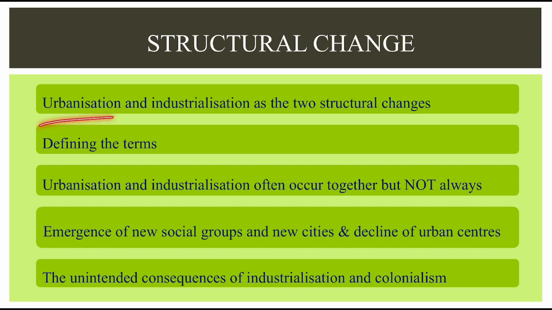The question arises is, what is urbanization? Well, it is the population shift from rural to urban areas. Why? Well, because these people are in search of job opportunities. Now note that urbanization and industrialization often occur together, but not always.